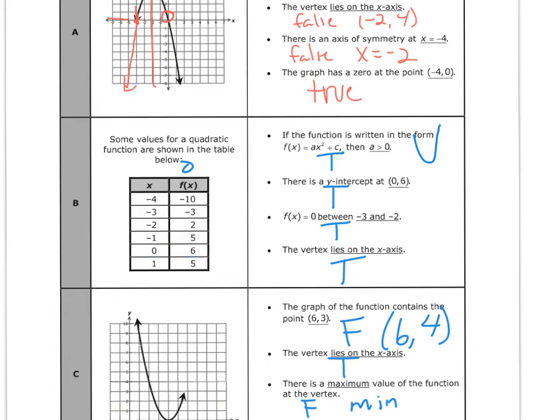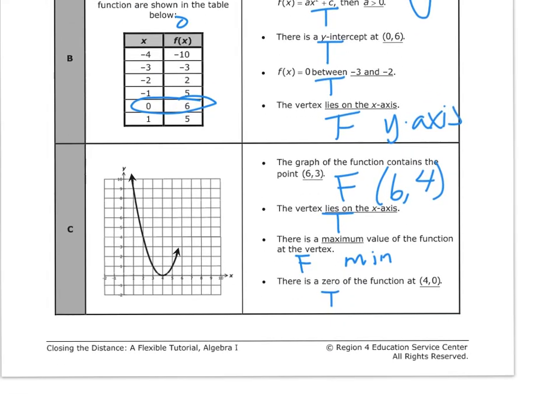Must be too late at night for me to be doing this, but the vertex is, sorry, at 0, 6, but that is not on the x-axis. Okay, so that is a false. It is on the y-axis.